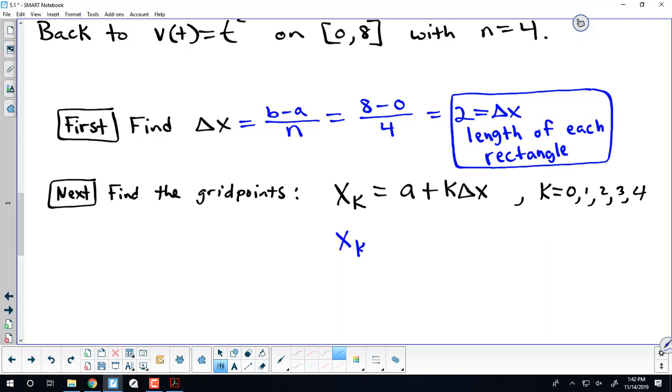Our x sub k is defined as a, the starting value of the interval, which was 0, plus k times our delta x, which was 2. So the grid points here are x sub k equals 0 plus 2k, where k ranges from 0 to 4.